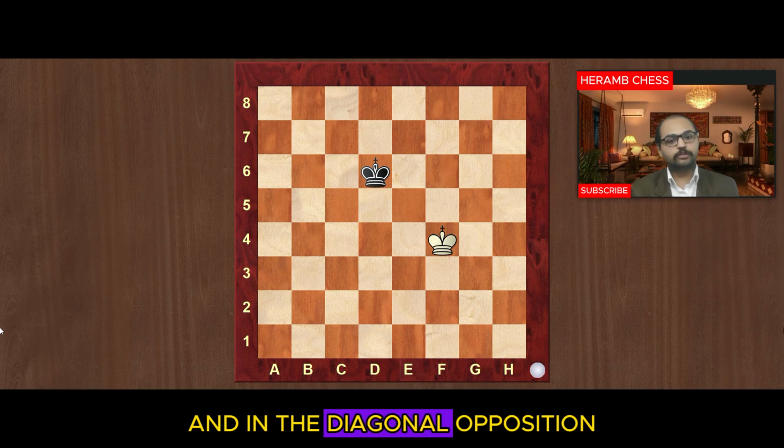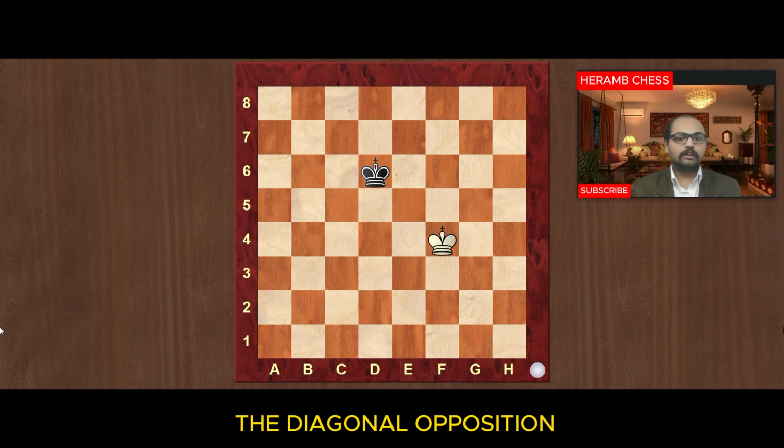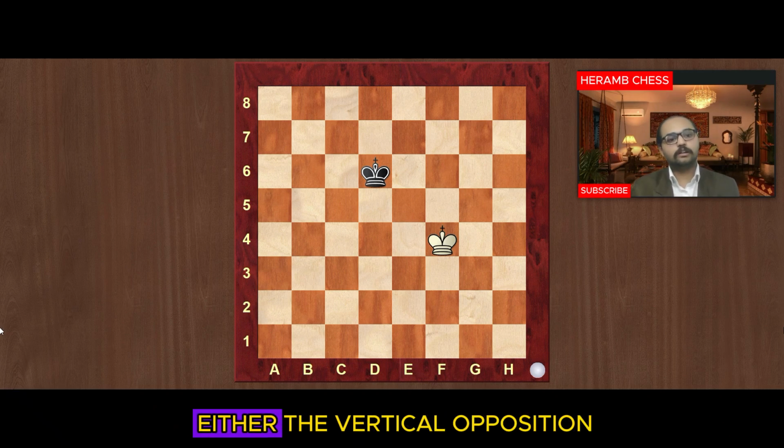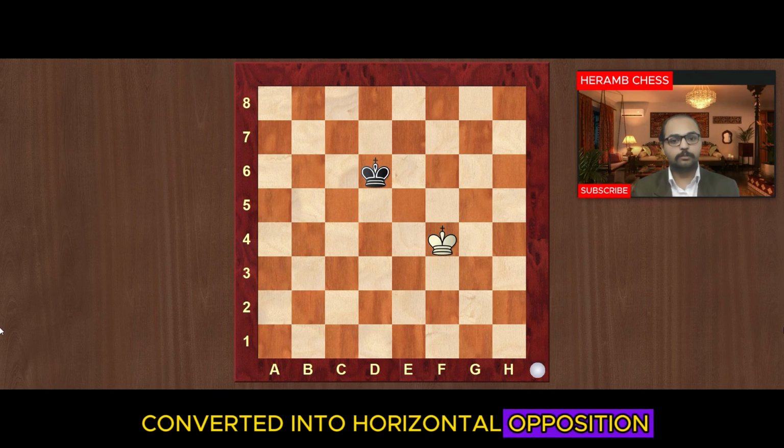And in the diagonal opposition, a very amazing thing is that in all the positions, the diagonal opposition gets converted into either the vertical opposition or the horizontal opposition.